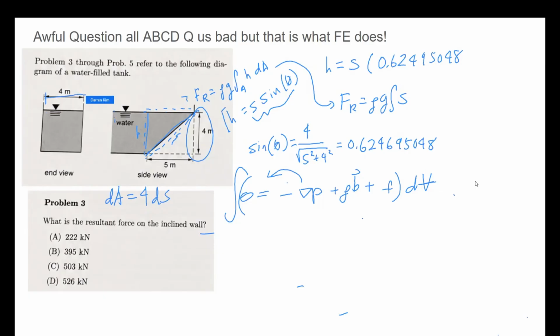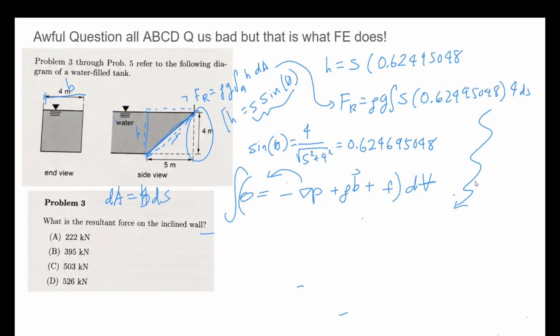Let's just say S, and then ds is a little bit of the continuous displacement that we transformed here. So we can take an integral of that, and then 0.624695048 multiplied by 4, and then ds. We know that's a polynomial, and now we can figure out the whole answer.